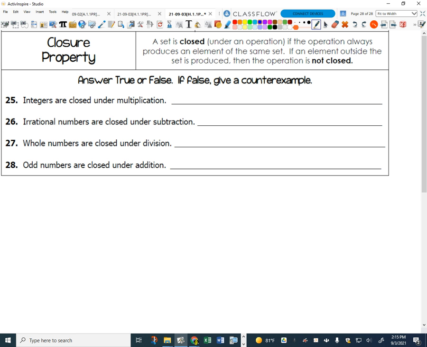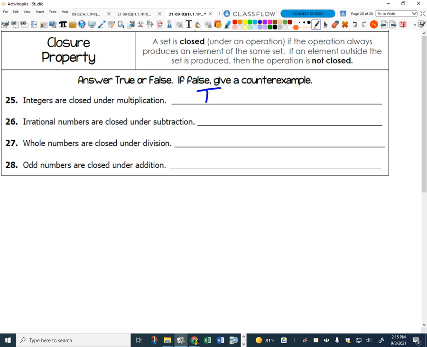If it is closed, it would have to be an integer. If I multiply two integers, I would have to always get an integer result. Is that true? That is true, isn't it? Anytime I multiply integers, I always get an integer back for my answer. So true.